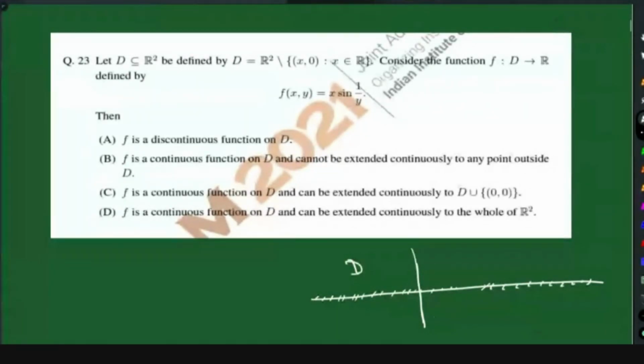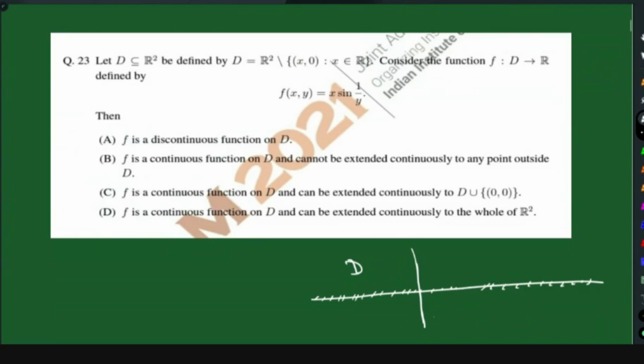What can you say about the continuity of the function on D? Tell me whether this function is continuous or not. Yes, sir. Continuous, right?